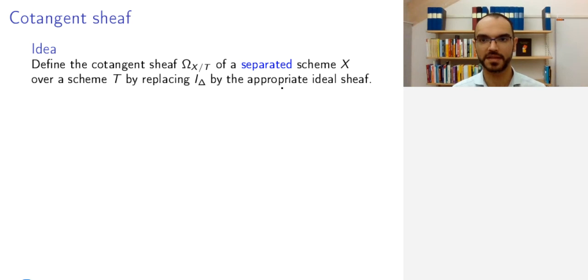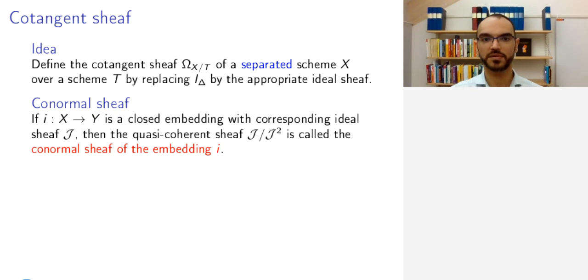If you don't like schemes, most examples we will look at will have X a variety, so a separated pre-variety, X is a variety, and we work over an algebraically closed field. So the scheme T is spec of an algebraically closed field. First, we want to make sense of this ideal modulo squares.